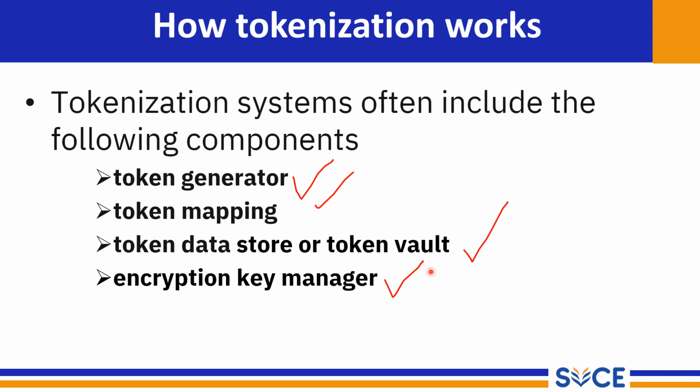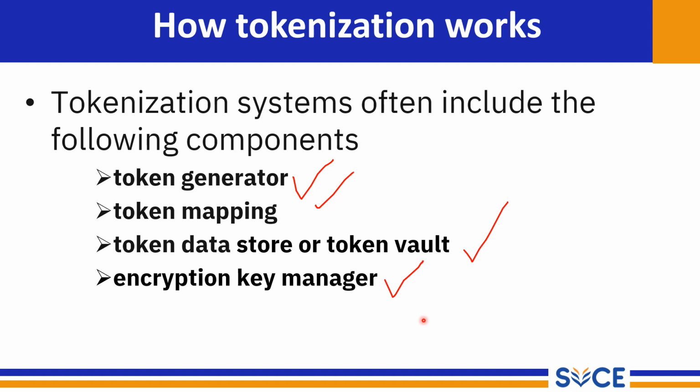The data stored in the vault is often encrypted for greater security. The vault is the only location where a token is connected back to its original value. And the last one is the encryption key manager, which tracks and secures any cryptographic keys used to encrypt the data in the vault, tokens in transit, or other data and assets in the tokenization system.